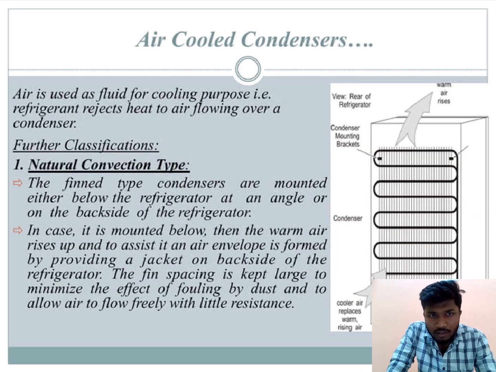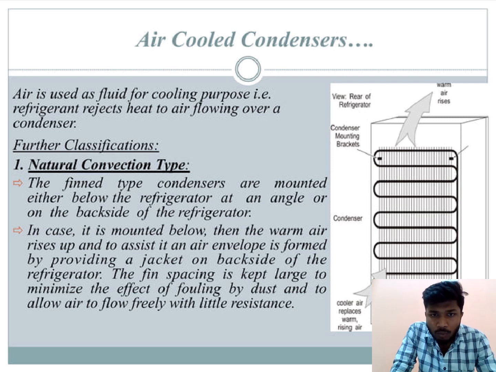Air cooled condensers. Air is used as the fluid for cooling purposes, that is, the refrigerant rejects heat to the airflow over a condenser. A further classification is the natural convection type. The finned type condensers are mounted either below the refrigerator, at an angle, or on the back side of the refrigerator.